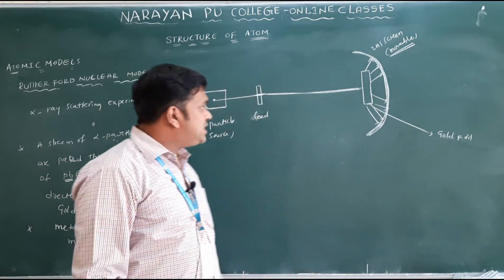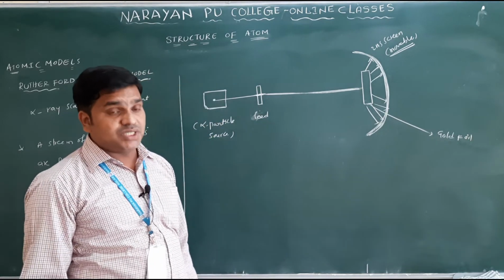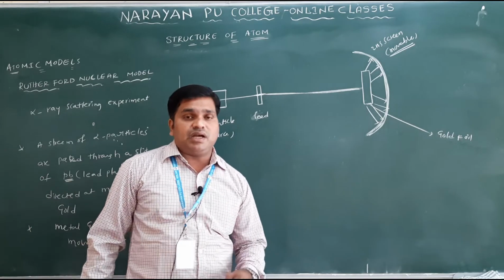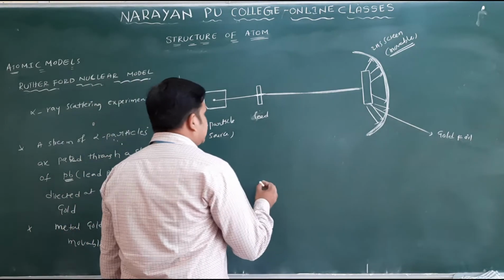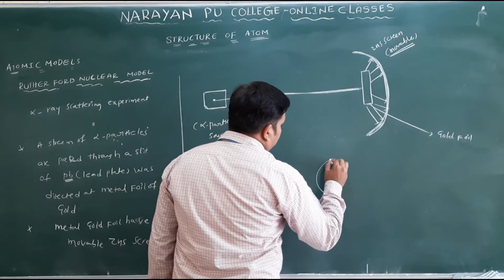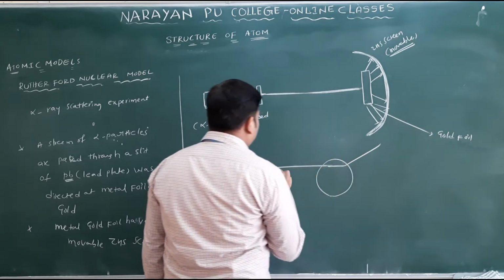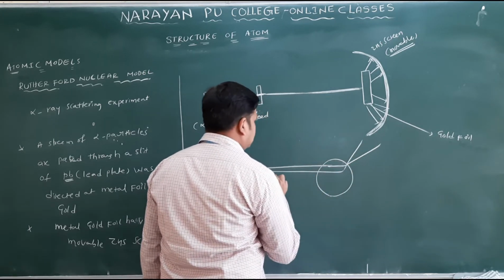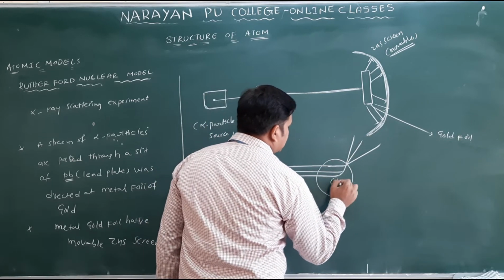From this experiment we want to identify some observations, and along with the observations we can draw some conclusions also. Suppose we are sending alpha particles toward an atom, like this. Here you can see the positive charge.